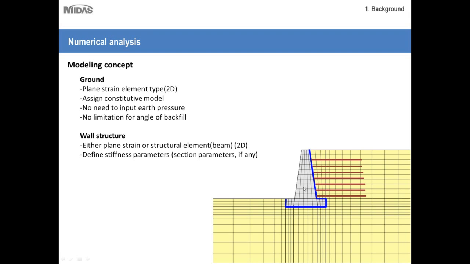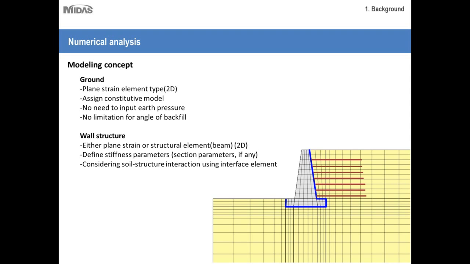If it is a plate member, then you have to define the stiffness parameters by choosing appropriate concrete material properties. If it is a beam member, then you have to define the actual cross-sectional sizes that are representative of that wall. And then you have to consider soil structure interaction using interface elements.